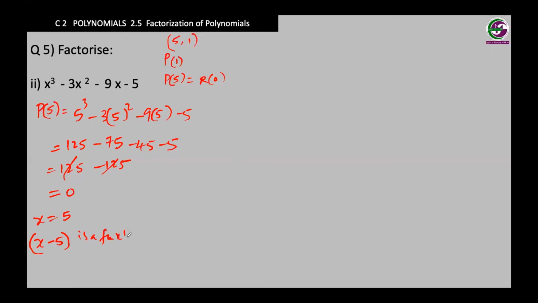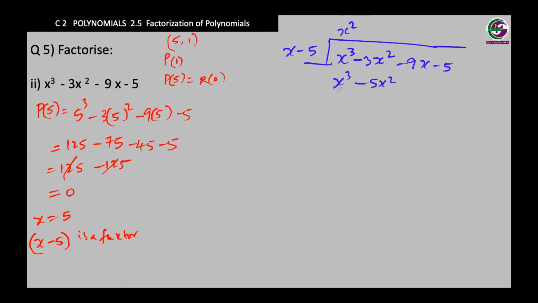Again, we have to check by long division to see what the quotient is, to get the power 2. So let us see the long division. x minus 5 is a factor. The polynomial is x cubed minus 3x squared minus 9x minus 5. x cubed divided by x is x squared. x cubed minus 5x squared.